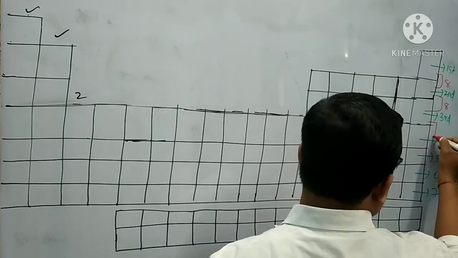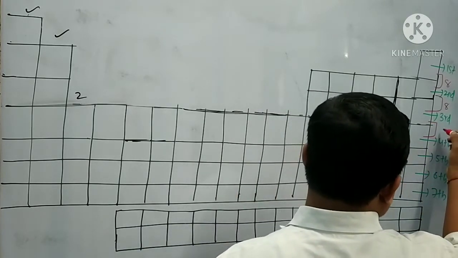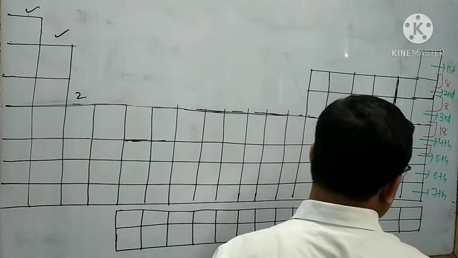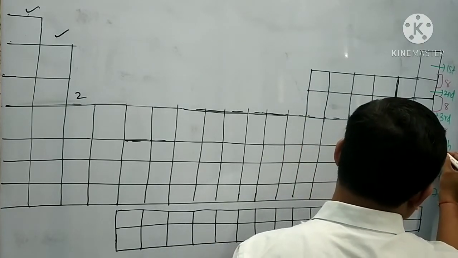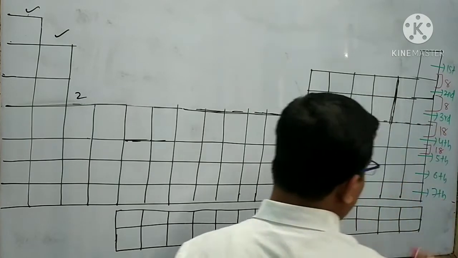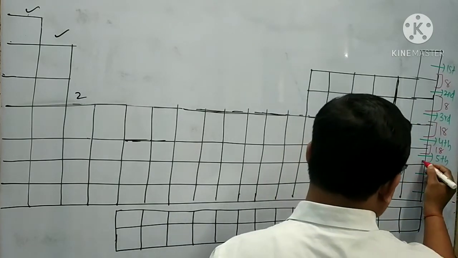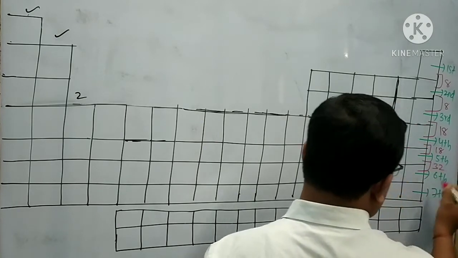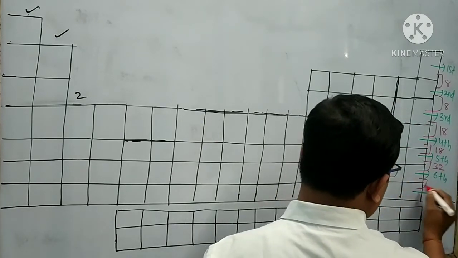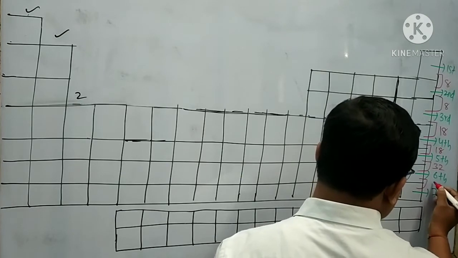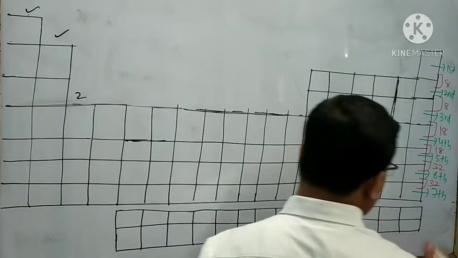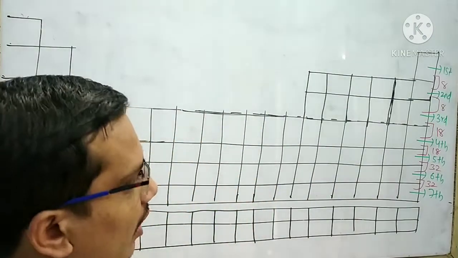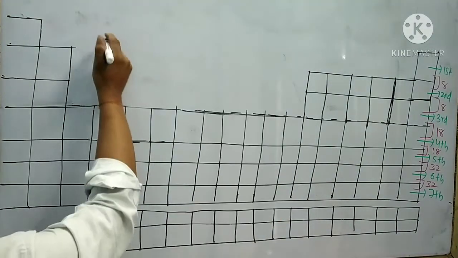From the third to the fourth period, add 18. From the fourth period to the fifth period, again add 18. From the fifth period to the sixth period, add 32. From the sixth period to the seventh period, add 32. These are some tricks to find out the atomic number.